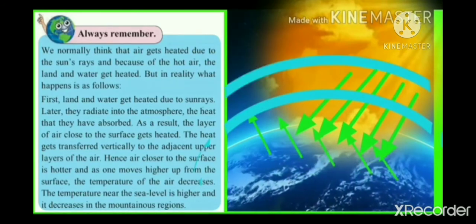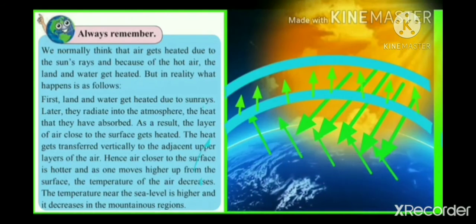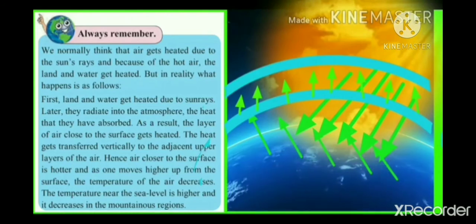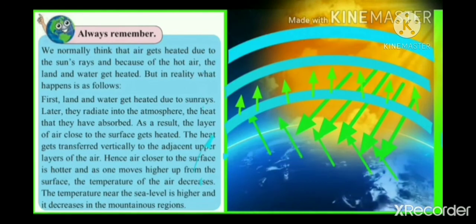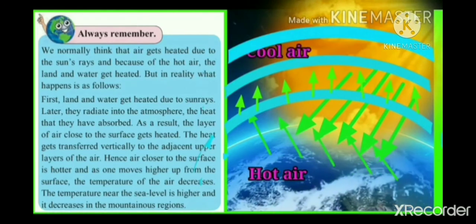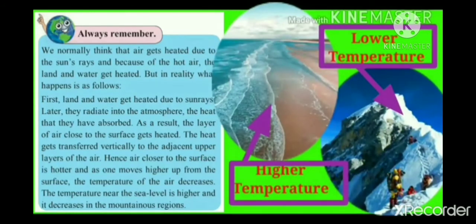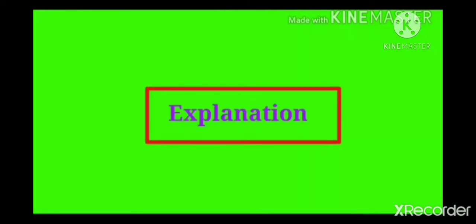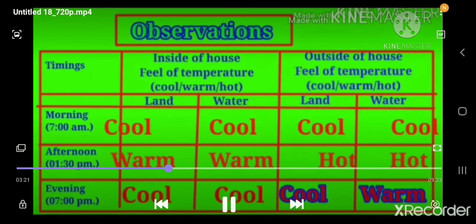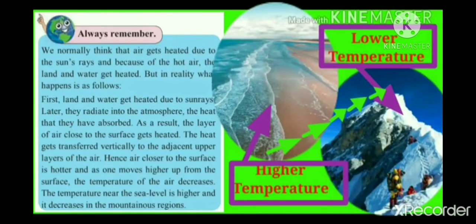The heat gets transferred vertically to the adjacent upper layer of the air. Hence, the air closer to the surface is hotter, and as one moves higher up from the surface, the temperature of the air decreases. The temperature near sea level is higher and it decreases in the mountain ranges.